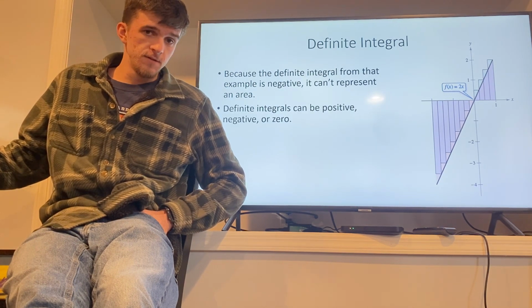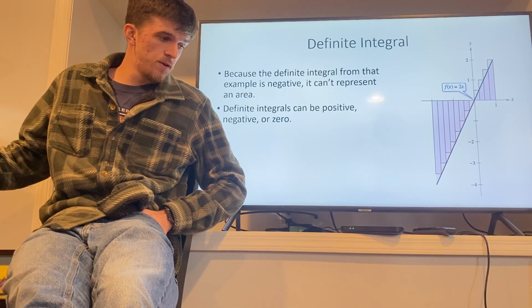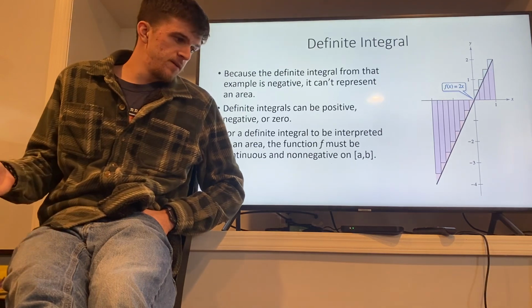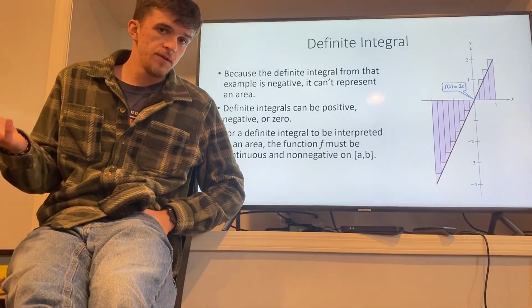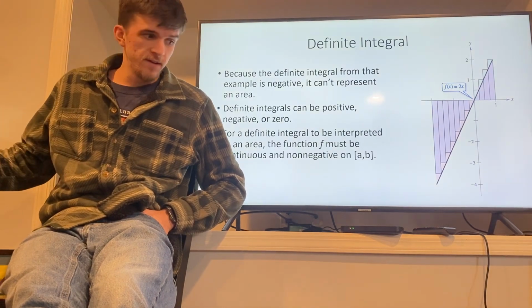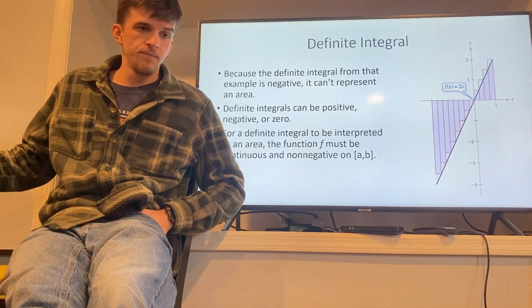So definite integrals can be positive, negative, or 0. But in order for a definite integral to be interpreted as an area, a function f must be continuous and non-negative on your closed interval [a, b].